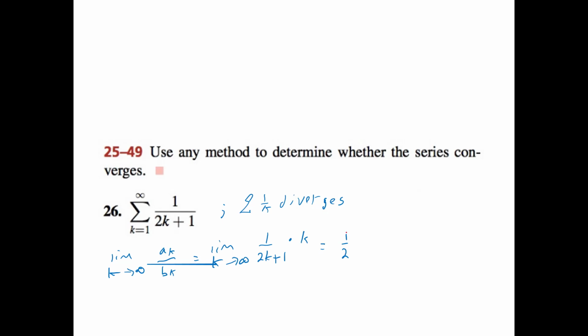And for a limit comparison test, as long as it is finite and bigger than 0, then they both do the same thing. Therefore, your series 1 over 2k plus 1 diverges.